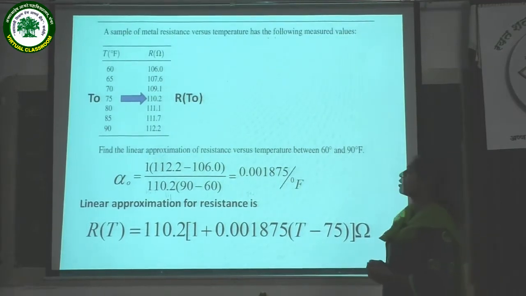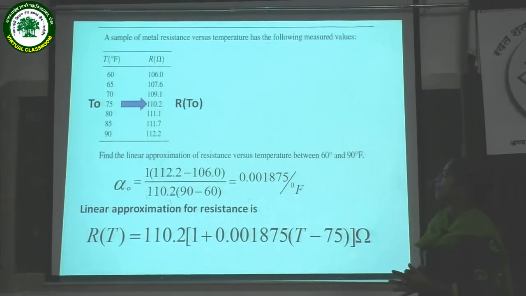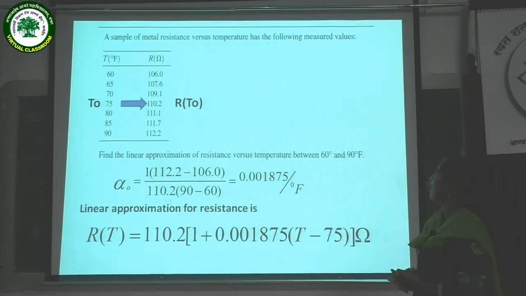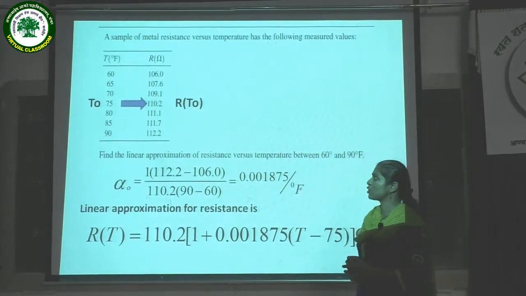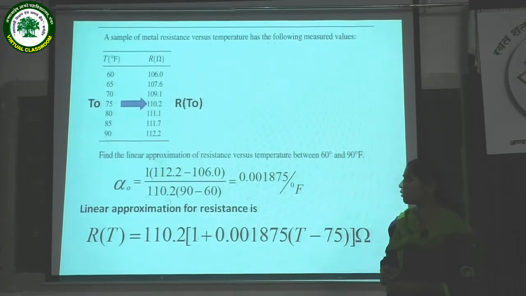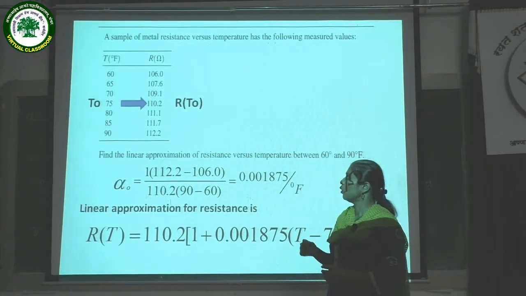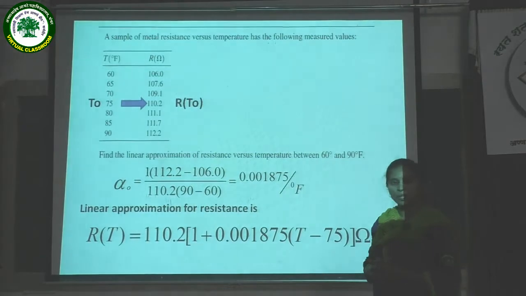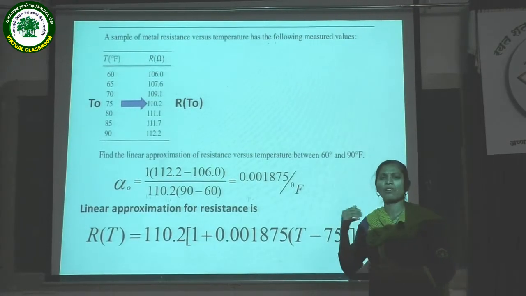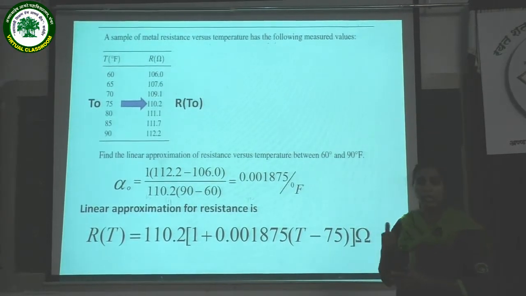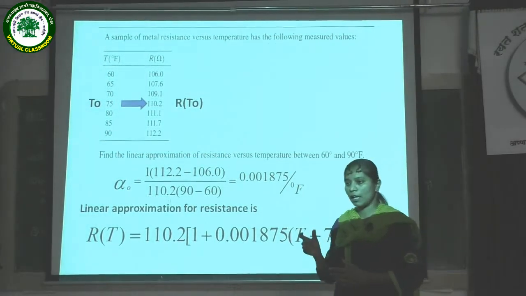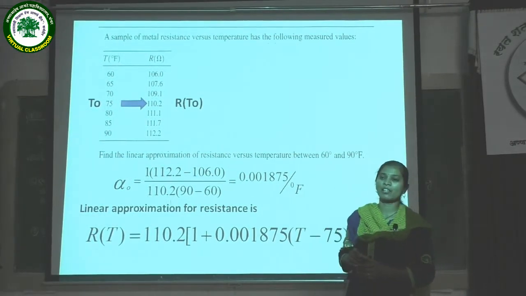So, how the variation of resistance, or how linear variation, can be used for determination of unknown temperature. We have a sample whose variation of metal resistance versus temperature is taken in this table, in which the first column represents temperature and the second column represents the resistance in ohms. For finding the equation for linear approximation, we are initially going to select the temperature at the midpoint.